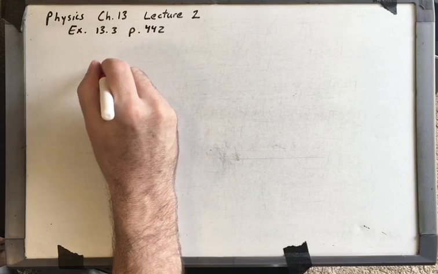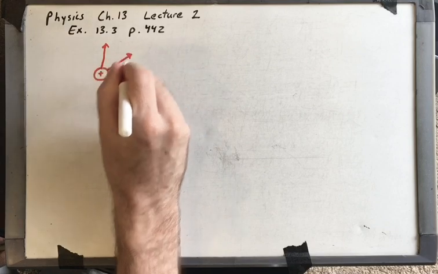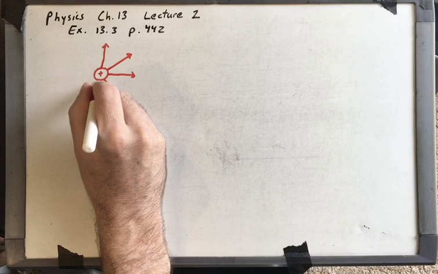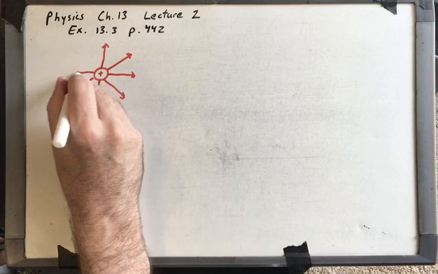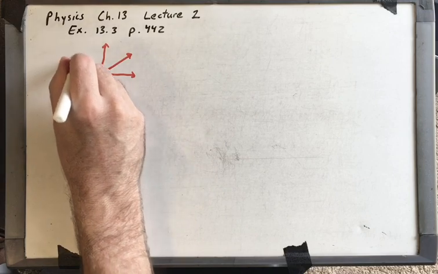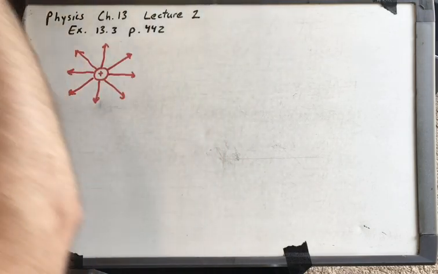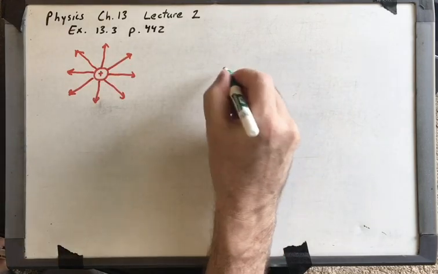We signify electric field lines as going out. All right, and the number of field lines is proportional to the charge. Okay, so the more lines, that means greater charge.